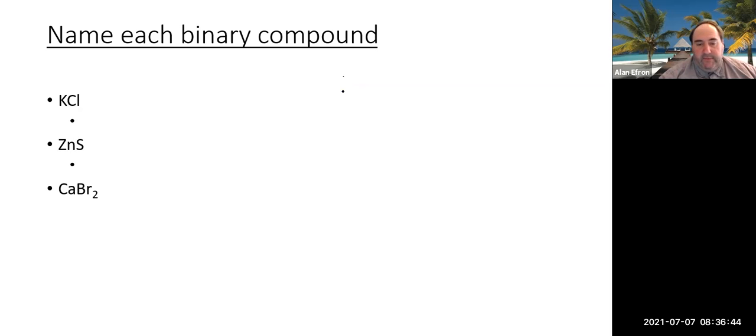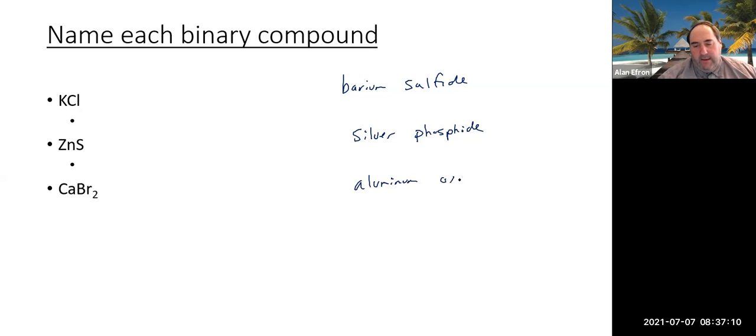So why don't we do barium sulfide, silver phosphide, and let's do aluminum oxide. All right, guys on the left there, we want the proper name. Guys on the right, the proper formula.